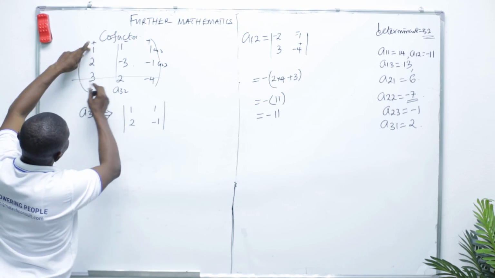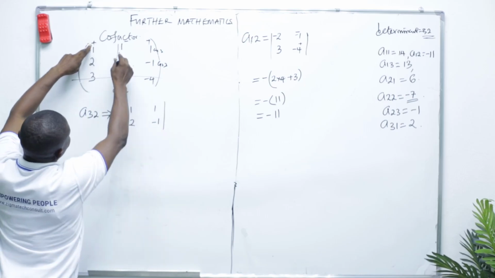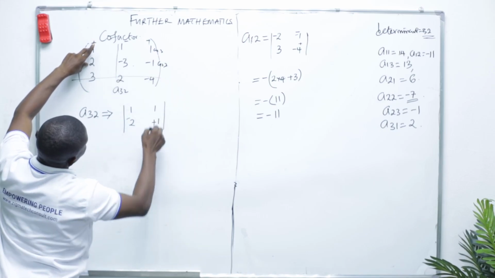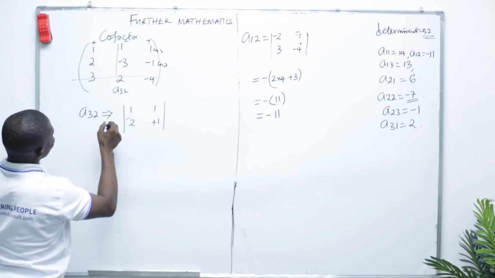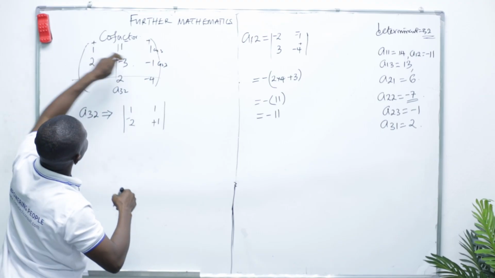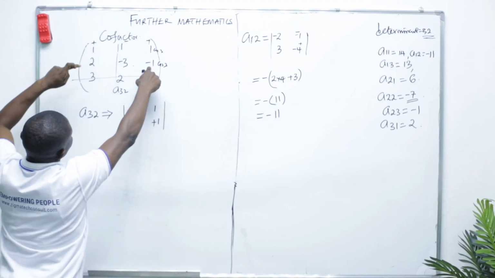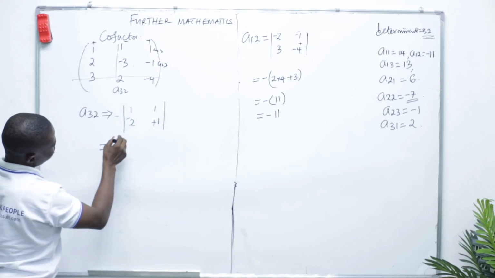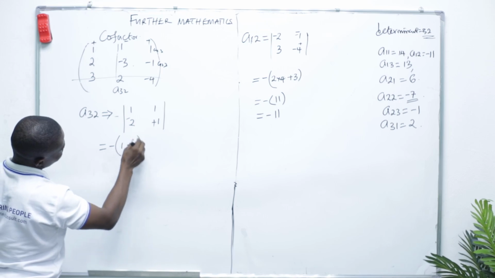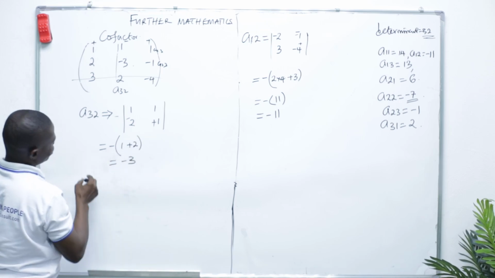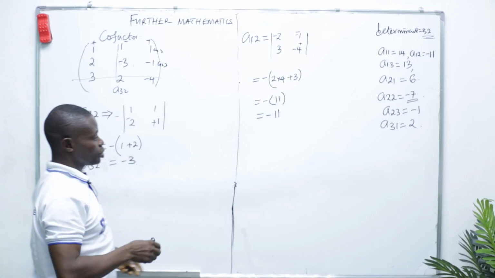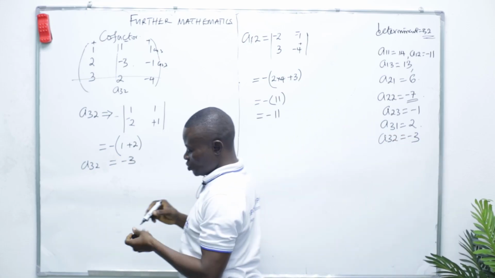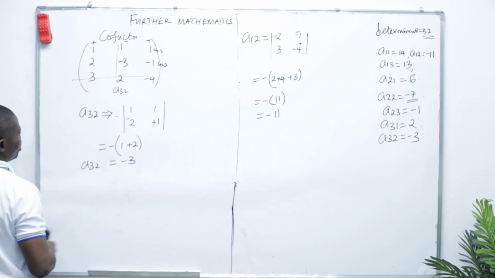With the alternating signs, this will give us minus 1 plus 2 equals minus 3. A32 equals minus 3.